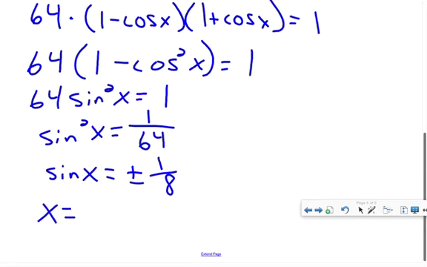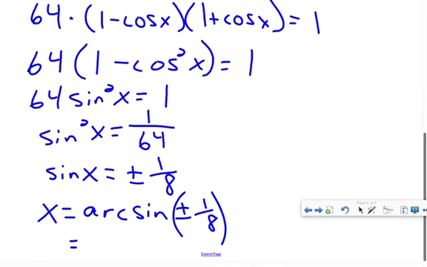Now we use our scientific calculator to find the values of x such that they are the arc sine of positive or negative 1/8. So in our calculator, if we type in 1 divided by 8 and do the inverse sine of that, we get 7.2 degrees.